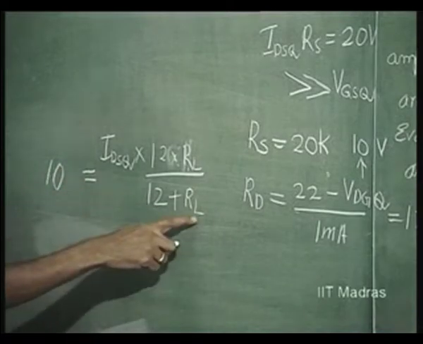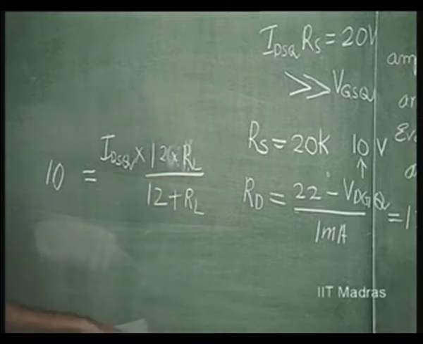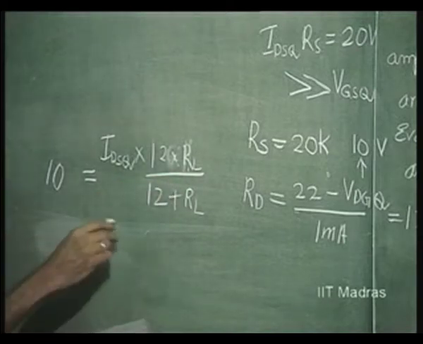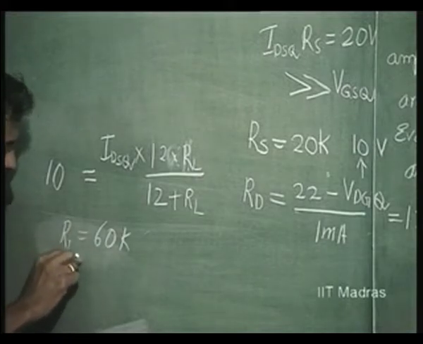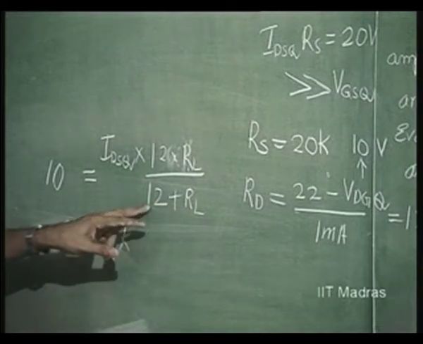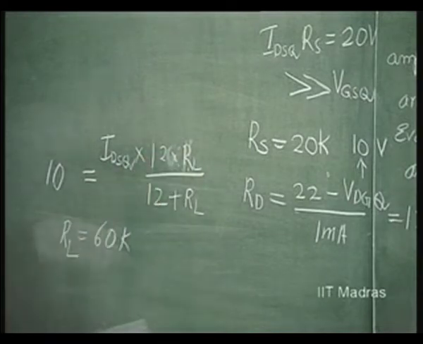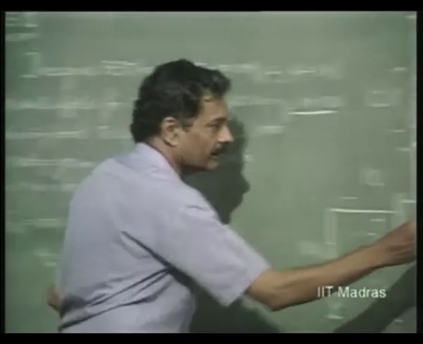120 into 10 RL, okay, that is 1 milliampere, 60K. That will be 72, 12 into 60, that is all right. So RL is 60K.